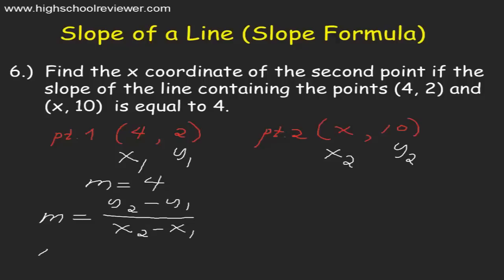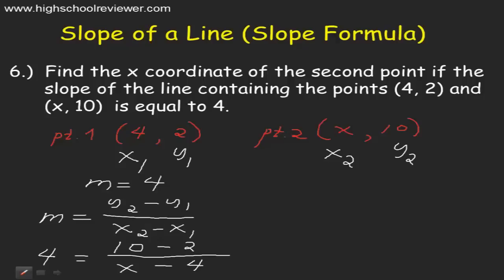For m, we have 4 equals 2. Our y sub 2, what is our y sub 2? That is positive 10 minus y sub 1, that is positive 2. And then our x sub 2 is x minus x sub 1, which is positive 4. Okay.